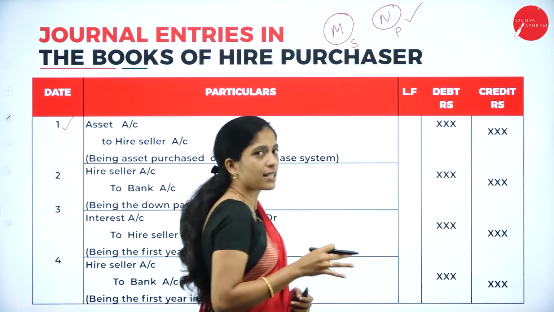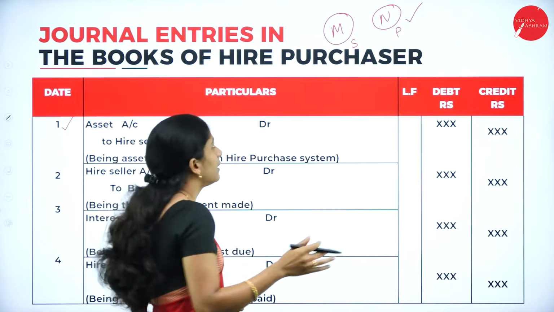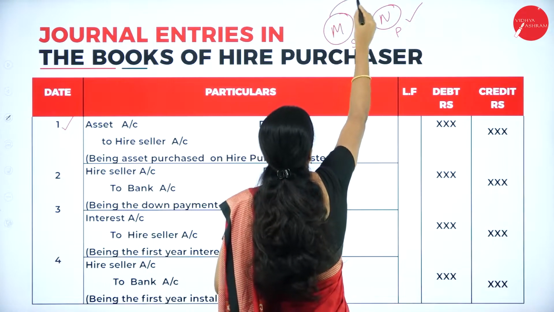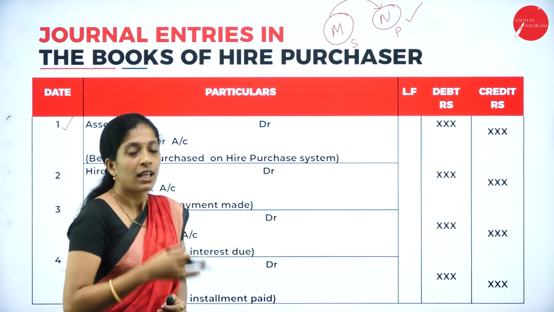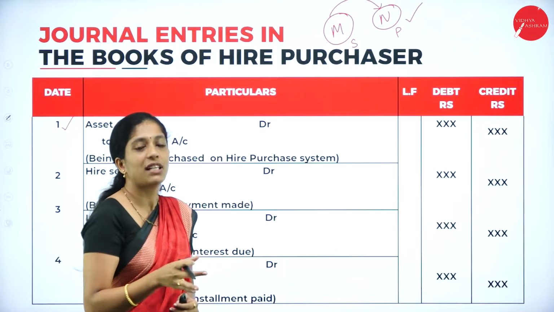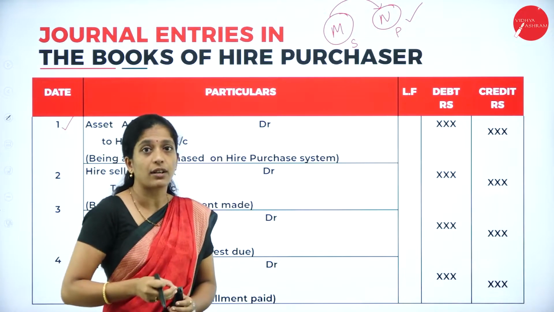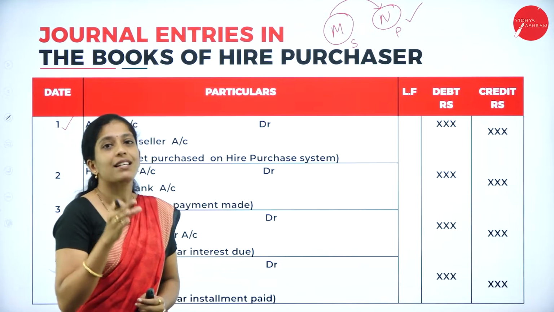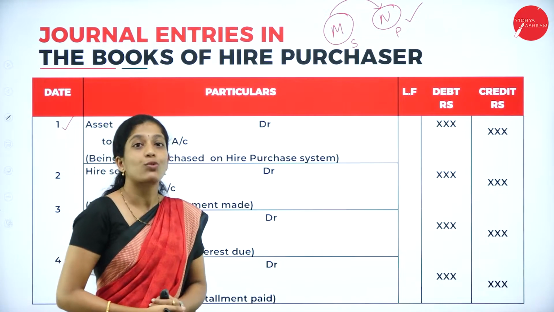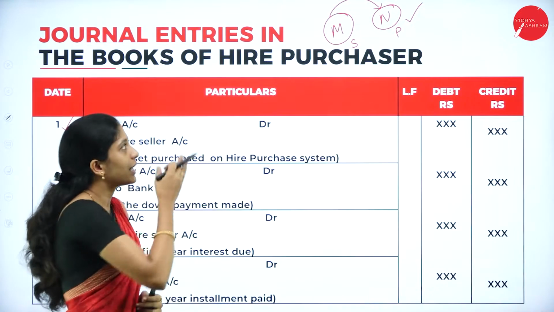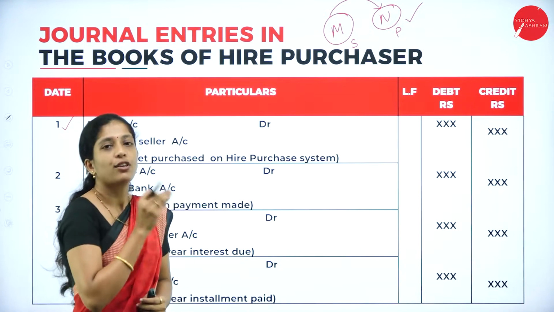Now your hire seller transfers the goods or assets to the hire purchaser. On the date of receiving the goods, the hire purchaser will pay some percentage of the value of goods, which is known as down payment. So here N makes payment to M.